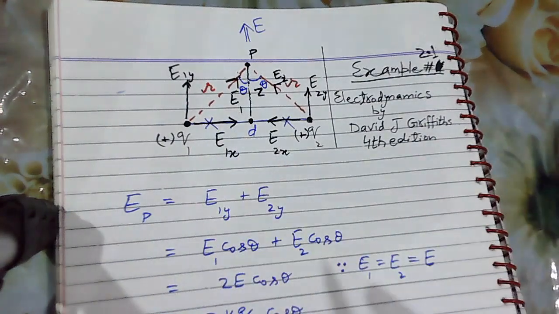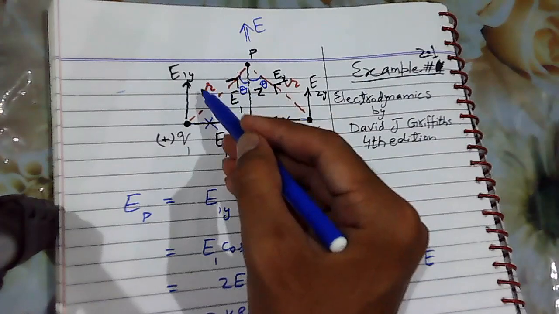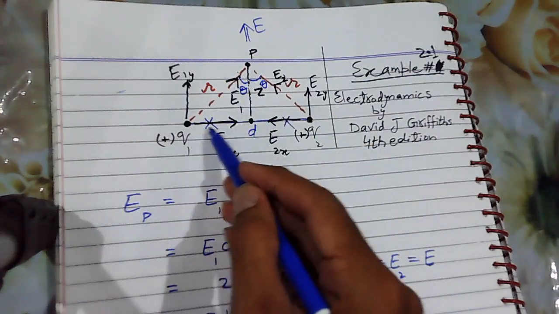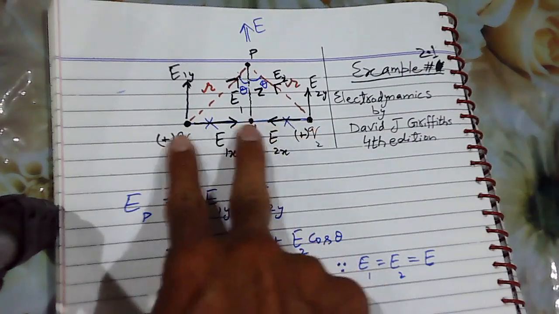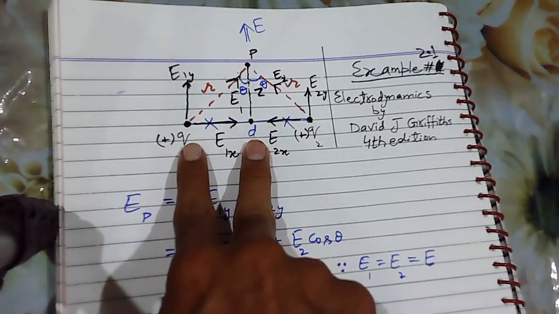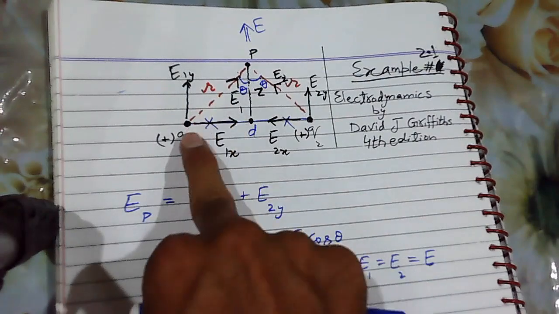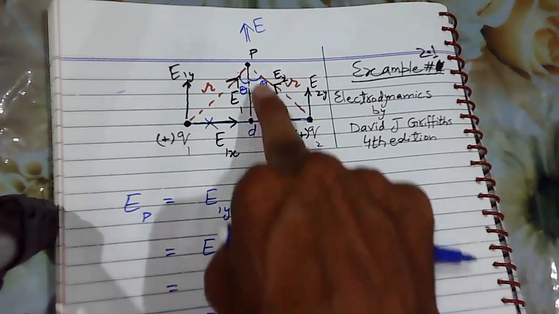So according to Pythagoras theorem, r square will be equal to d by 2 square, because this complete distance is d, so half of that distance will be d by 2. So r square will be equal to d by 2 whole square plus z square.